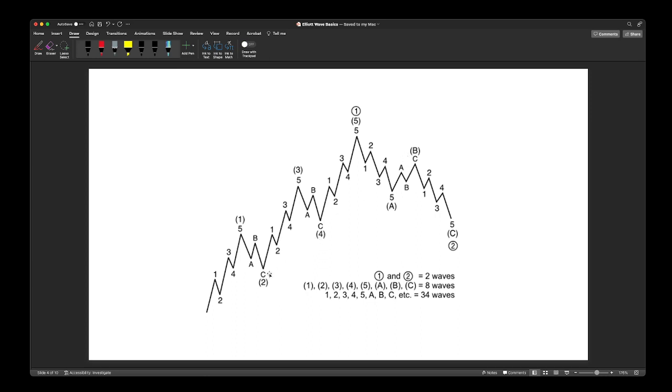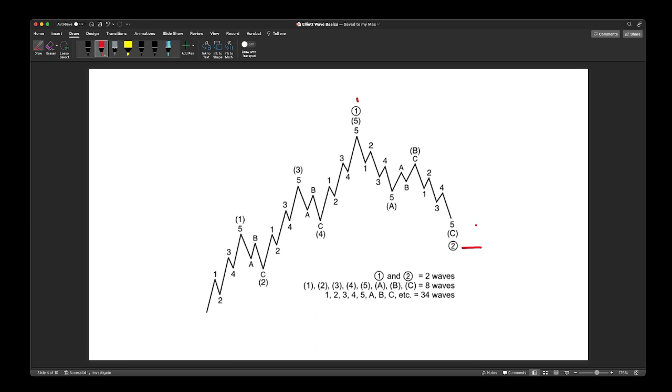In these eight waves, we also have different degrees. What do I mean by that? If you note here, we still have wave 1 and wave 2. That's your primary degree.